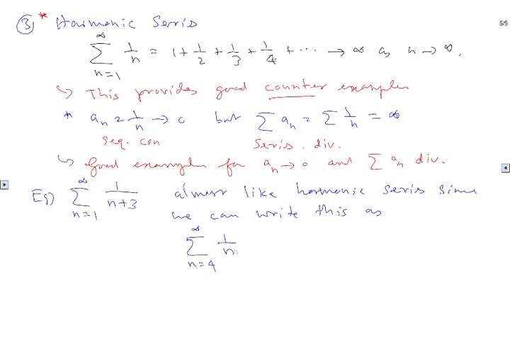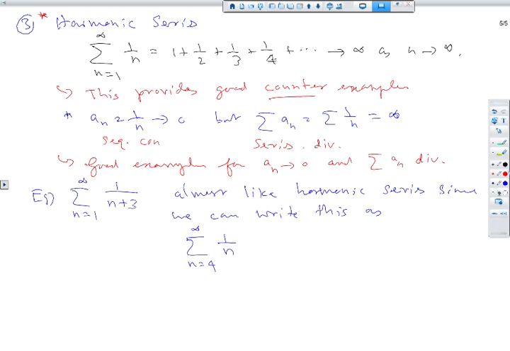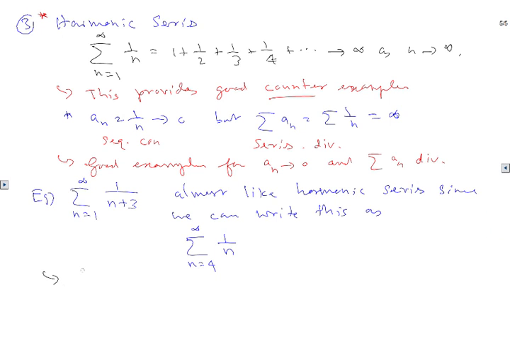We can use the same argument, or we can use one of the important tests called the limit comparison test. We're going to consider this problem again in the limit comparison test, because this is the easiest way to show that. When you look at the limit, it is 1. Limit 1 means they behave the same, but one diverges, so the other one has to diverge. So we're going to come back to this problem later.